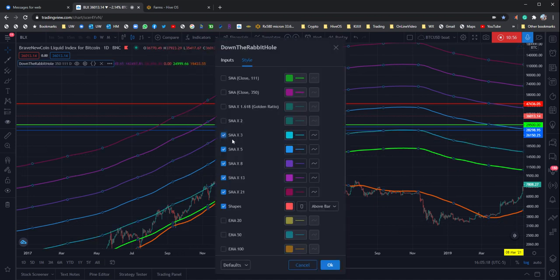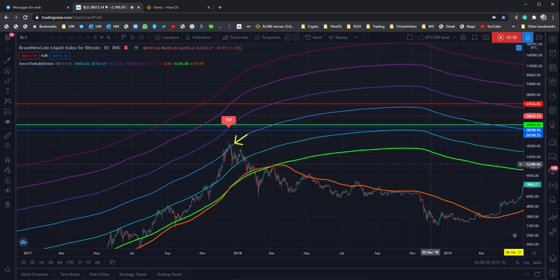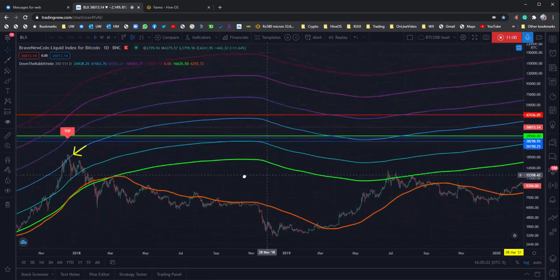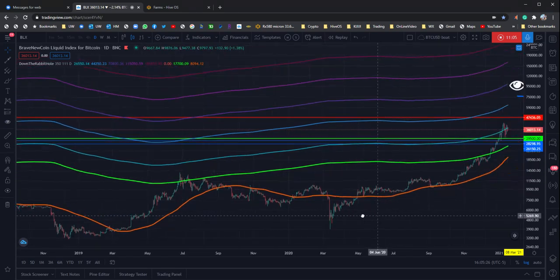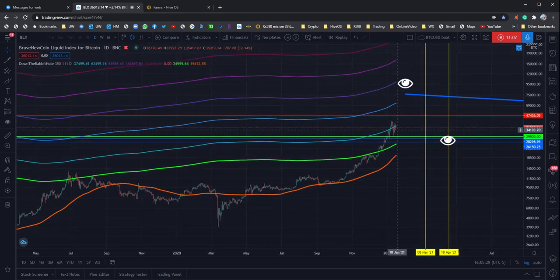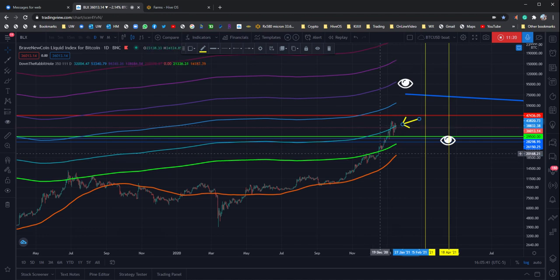Let's go to the 3. Going down, we missed it. It must be later. And sure enough, here we are right now. Now we're at a precipice because although we're flashing a top or a turn or a resistance point, we have not seen a top in the pi indicator.